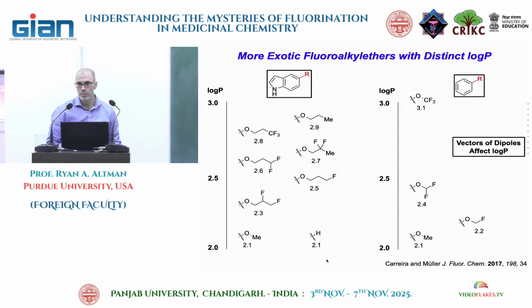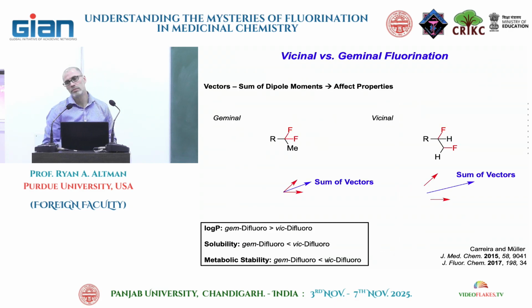Then the vicinal one, the log P is actually... okay. That means the geminal one is more hydrophobic in nature. This one will be more lipophilic, so this will bind also in the enzyme maybe in a better fashion.